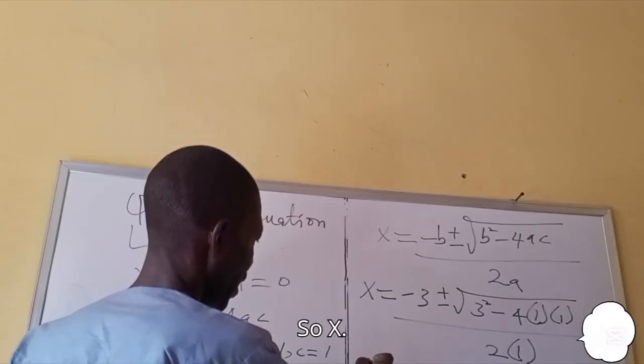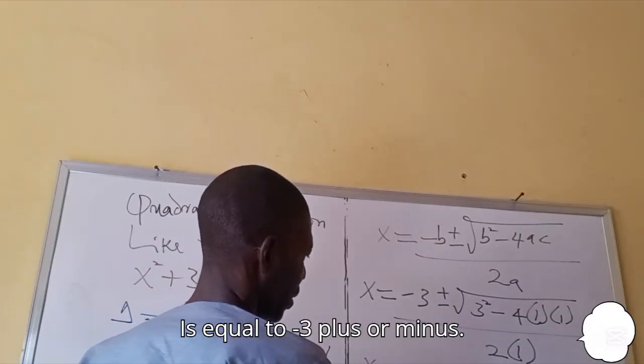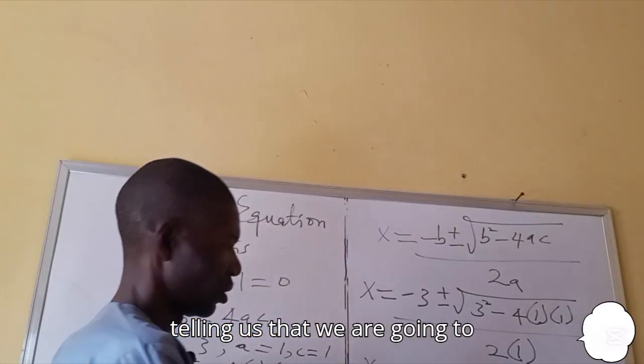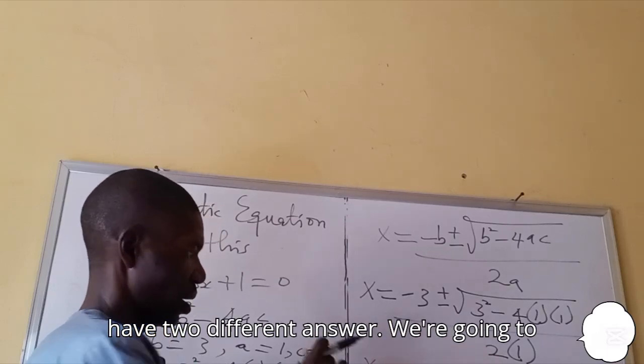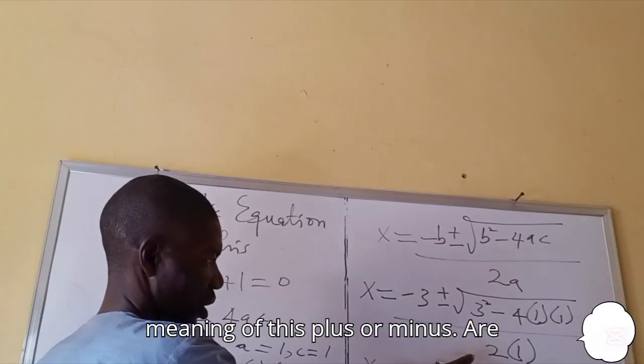So x is equal to negative 3 plus or minus. This plus or minus is telling us that we are going to have two different answers. That is the meaning of this plus or minus.